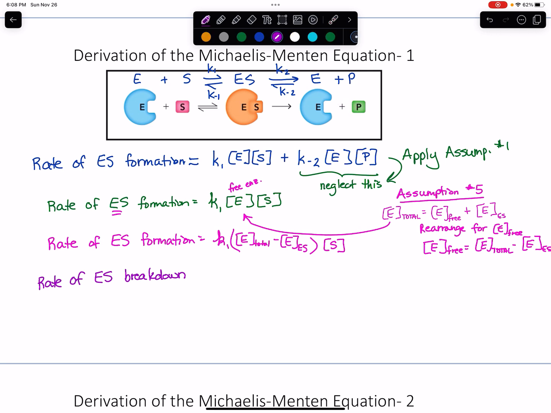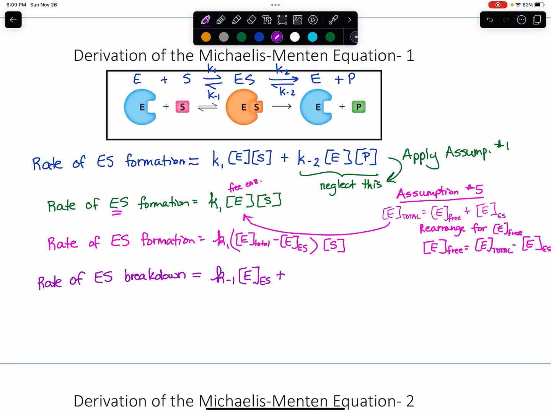So dissociation is our K minus 1, and that's times our enzyme substrate complex, which we are writing as E subscript ES, plus the second way it can decompose is into product formation.